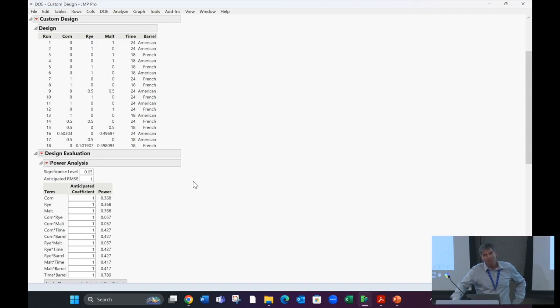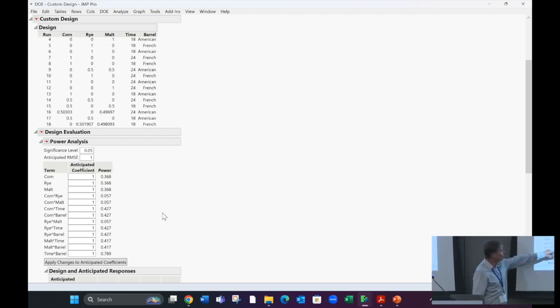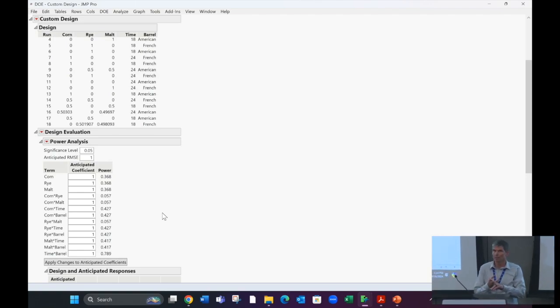So keep in mind that you could keep adding runs and still maybe never get to that 80%. Power is a great metric, but it's not the only one, and sometimes you have to balance some things out. But you can see the time by barrel here has almost 80% power. Why? Because time and barrel are not mixture factors.